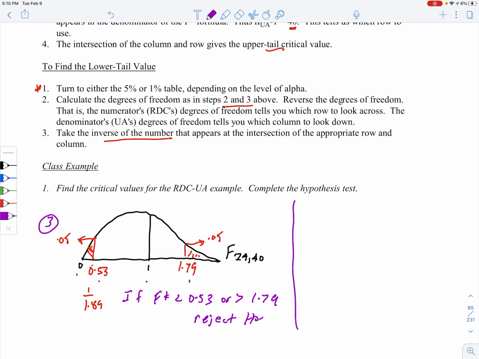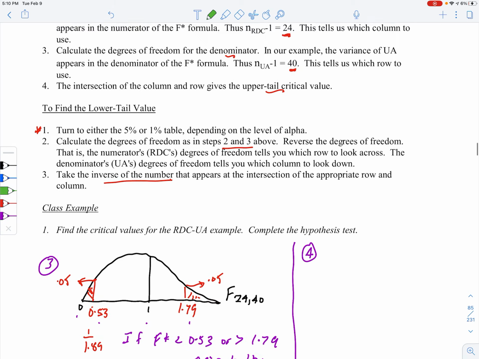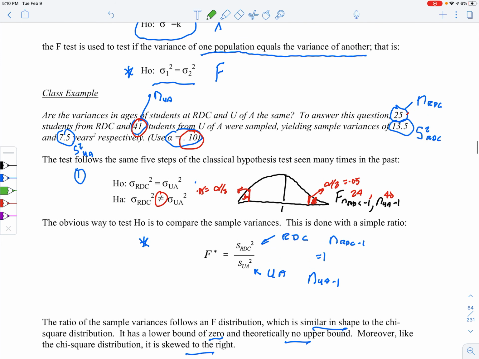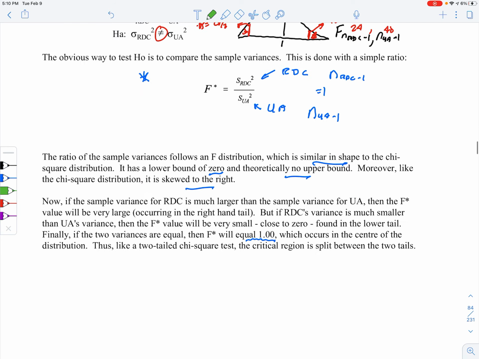That's the critical values. Step 4 is where we actually go now and do the calculation. And going back to the problem here, we had 13.5 and 7.5 as the two variances.